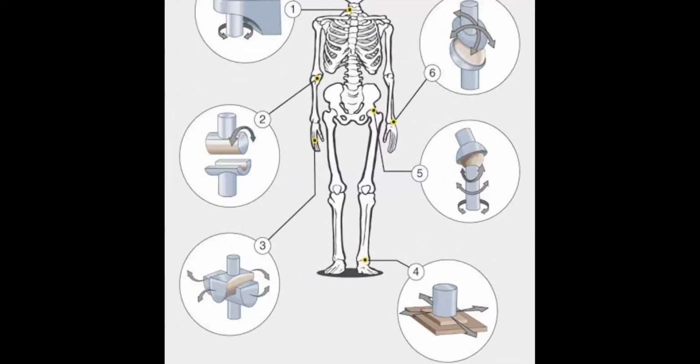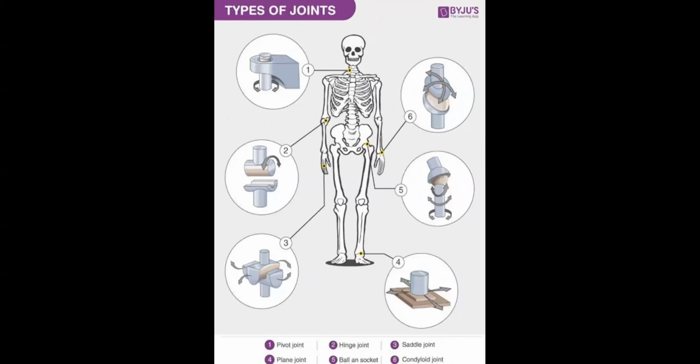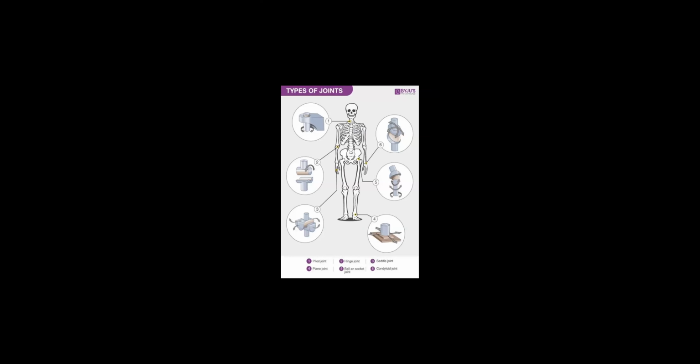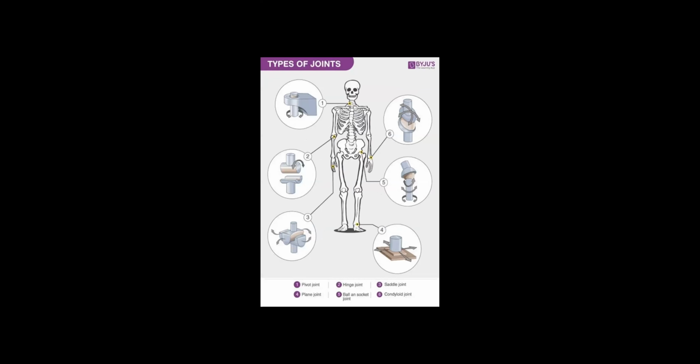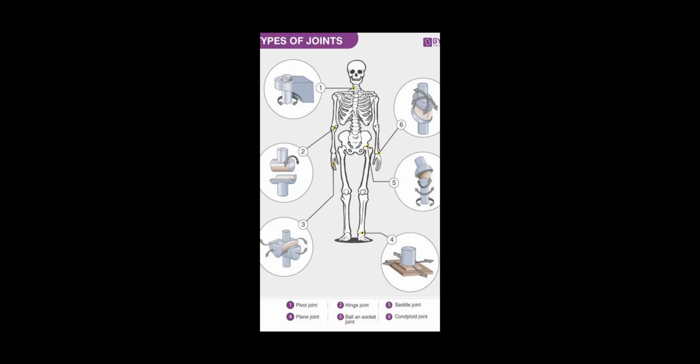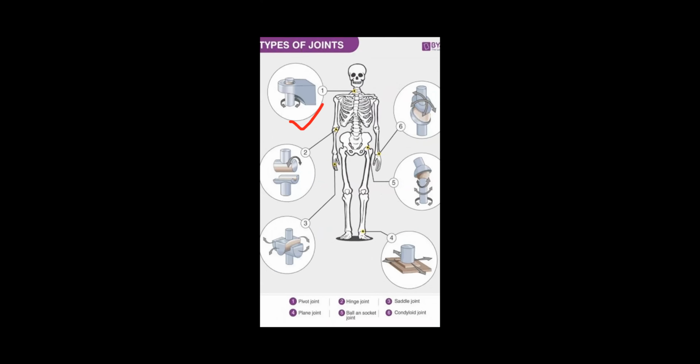Some of them are called pivot joint, then hinge joint, then saddle, then you have ball and socket, and others are not in the syllabus.